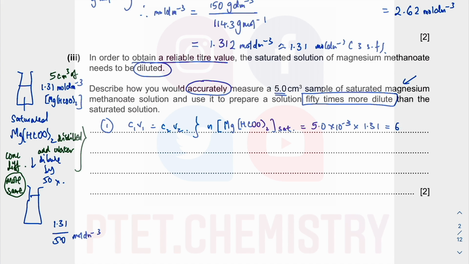So that gives me 6.55 times 10 to the minus 3 mole. And I know the mole is the same in here, but it's more dilute, alright?